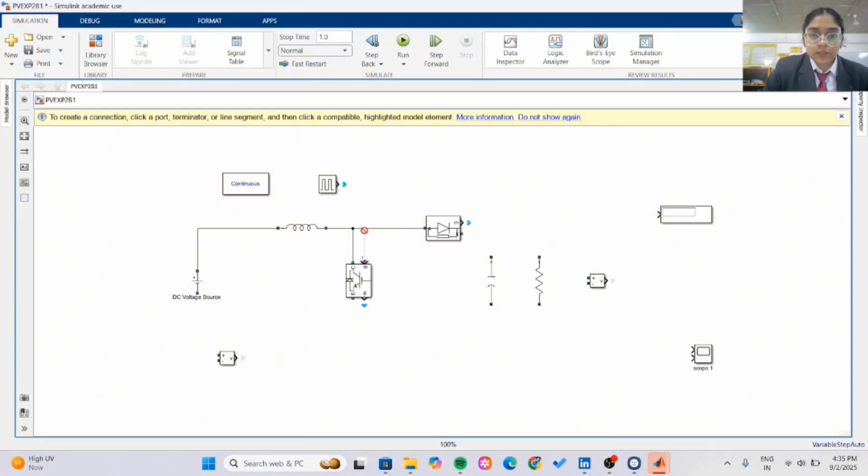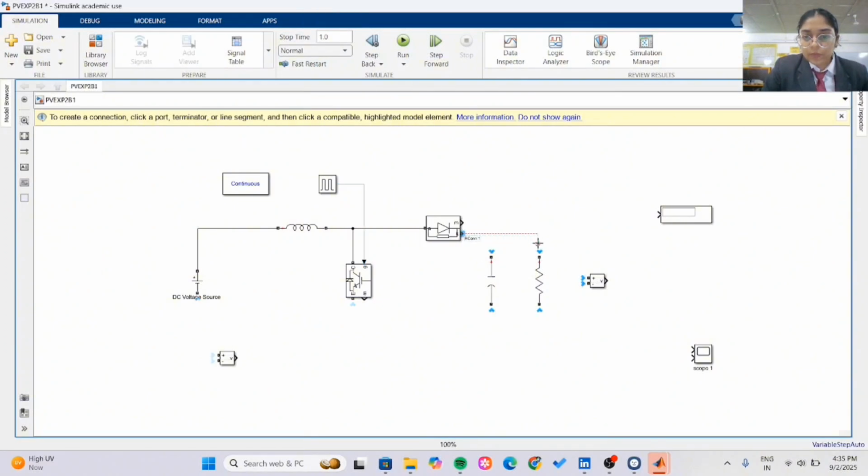The IGBT will also be connected to the pulse generator. Then afterwards, we will connect our capacitor and resistor too with the connection of the diode.